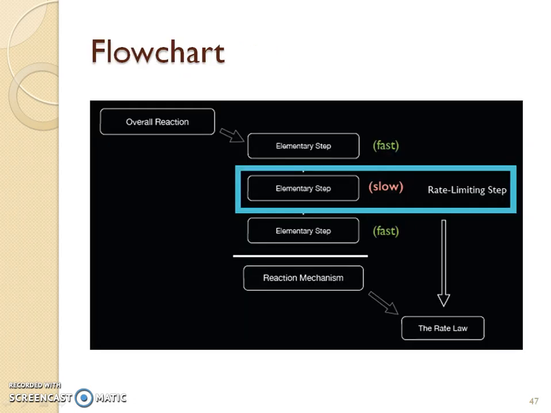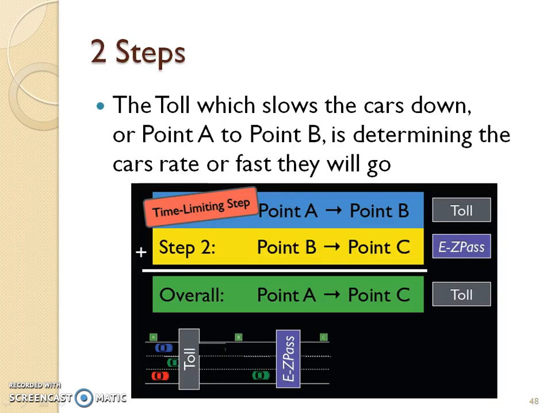So again, that nice flow chart, and that rate determining step is going to be one of those elementary steps, but it has to be the slow step. I will remind you that no matter how many elementary steps there are in the reaction mechanism, only one can be the slowest step and the rest of them are considered fast.